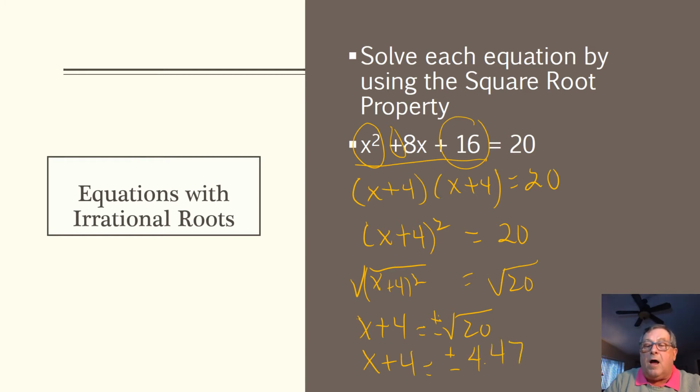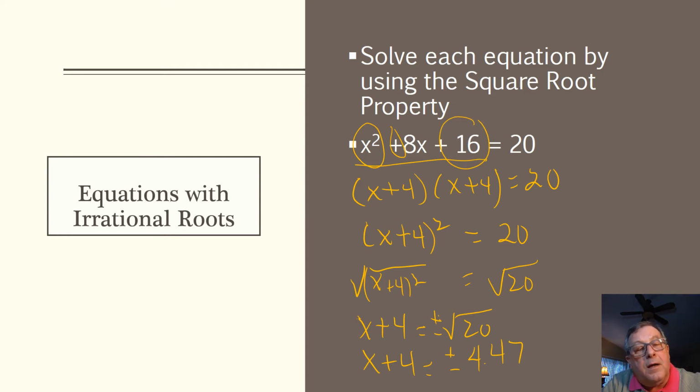And then we can solve this equation with the plus and the minus. Let's start off with x. Let me change colors on this. On this white, let's go to green.